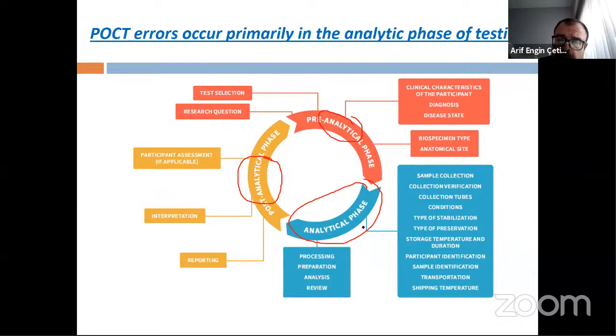But when you look at the point of care tests, the errors mainly exist in the core of the technology. Sample collection and tests, if they are wrong, then the test is wrong. So even though they are cost effective and give you rapid tests, their reliability is very problematic.